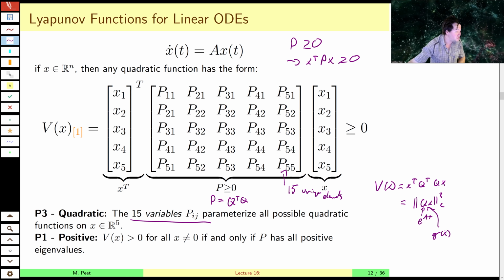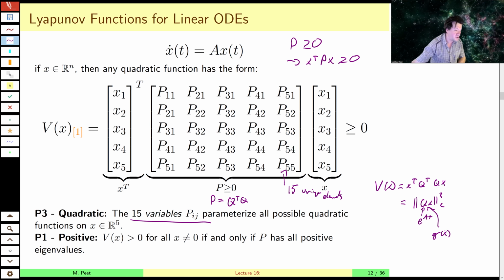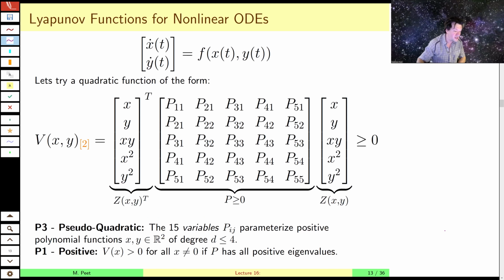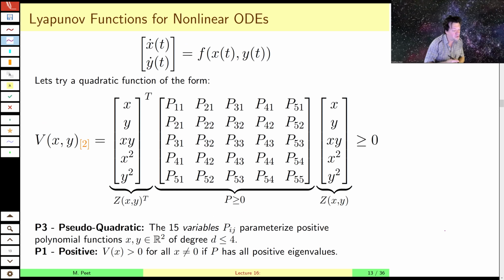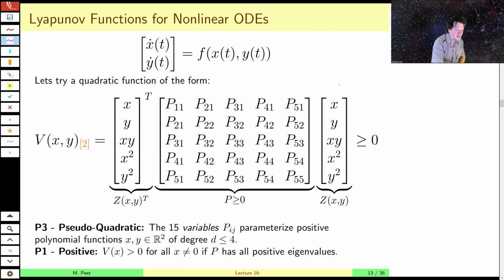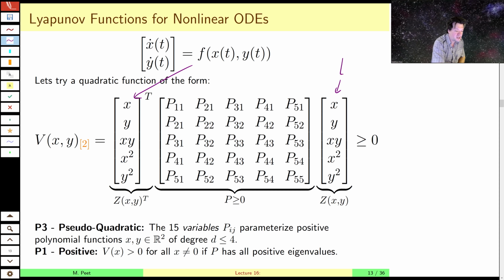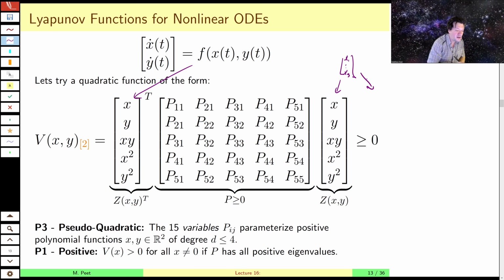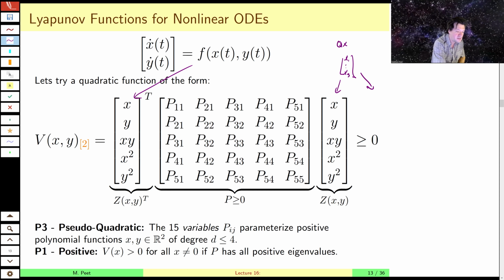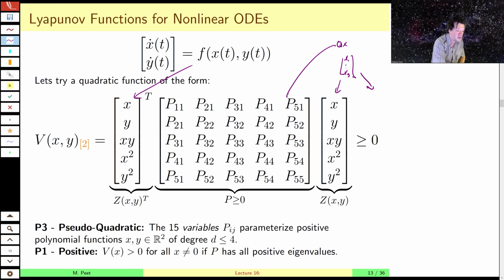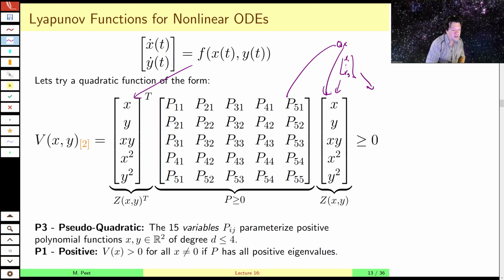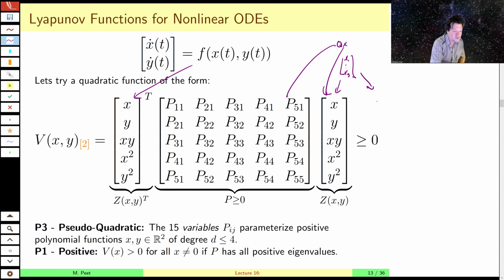The obvious generalization of these quadratic Lyapunov functions to nonlinear systems is we take exactly the same quadratic form, but on the left and the right, we replace x1 to x5 with higher degree forms. So remember, this was representing Qx, Q comes here and the x comes here.